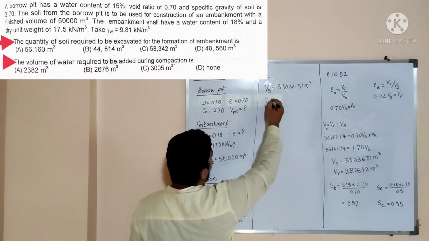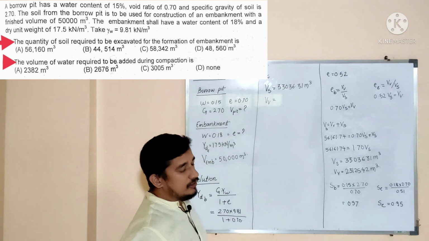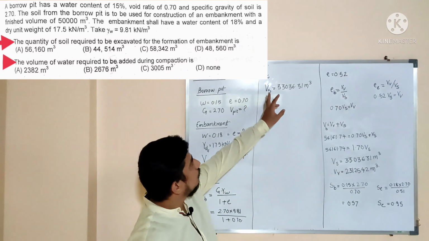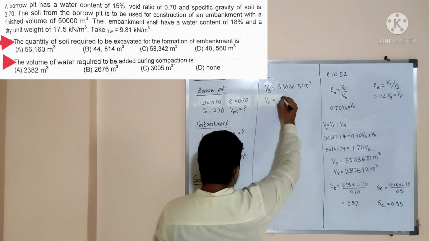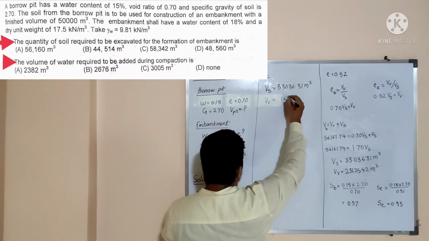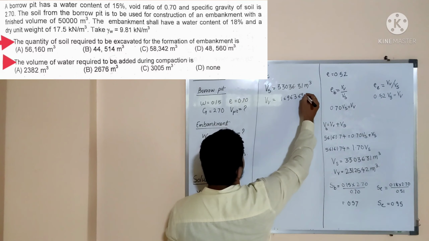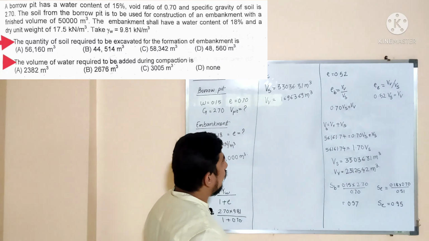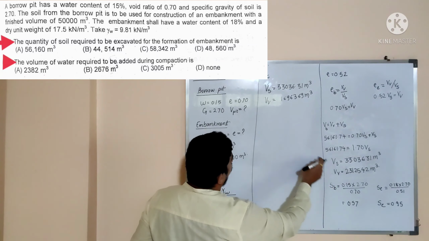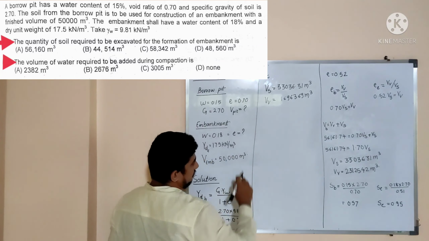We know the volume of the embankment is 50,000. So 50,000 minus the volume of solids will give us the volume of voids, that is 16,963.69 meter cube. So this is how the volume of voids has decreased.